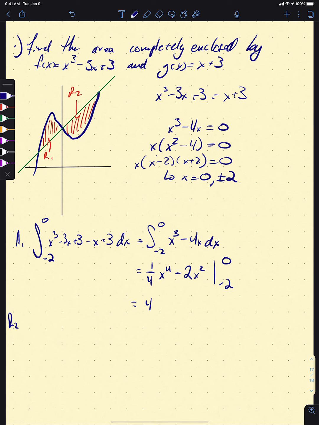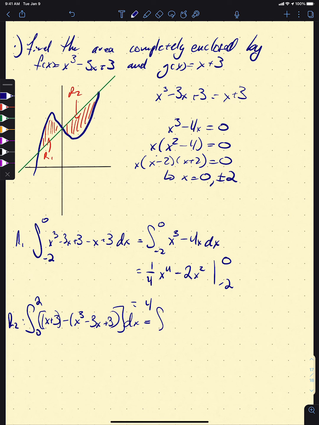For region 2, the integral from 0 to 2 of x cubed minus 3x. This actually goes the other way, right? Because now x plus 3 is our larger function. And we're subtracting from that x cubed minus 3x plus 3 dx.